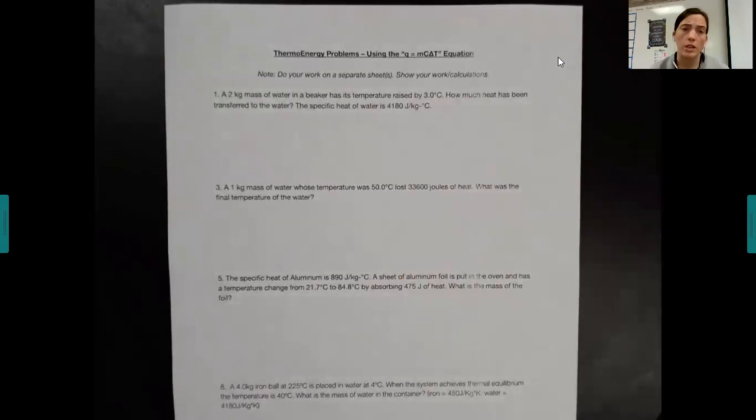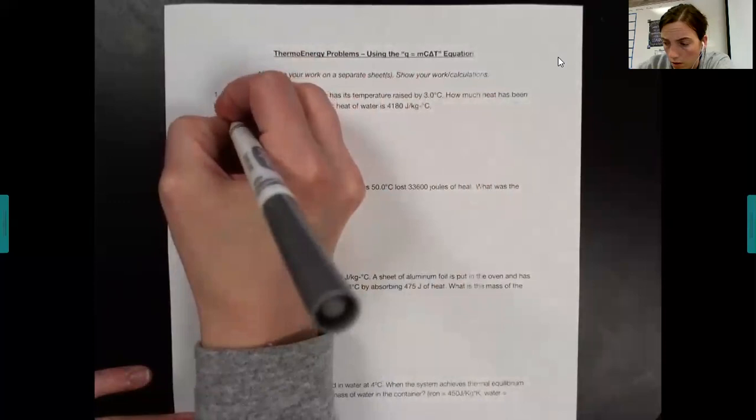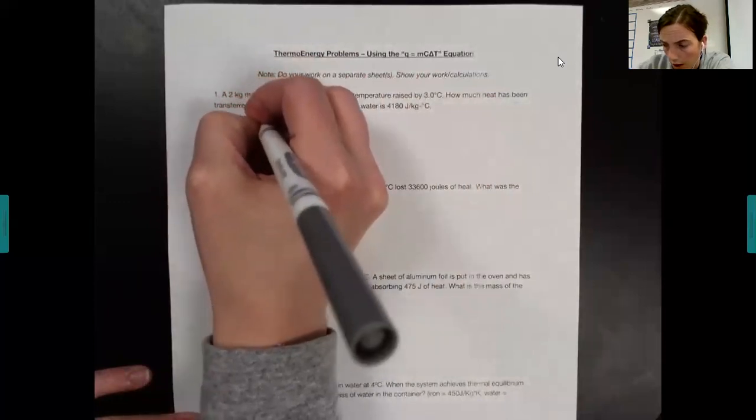All right, so number one says a 2 kilogram mass of water in a beaker has its temperature raised by 3 degrees Celsius. How much heat has been transferred to the water? And then it gives us a specific heat of water. Okay, so we know we're using the Q equals MCAT problem.